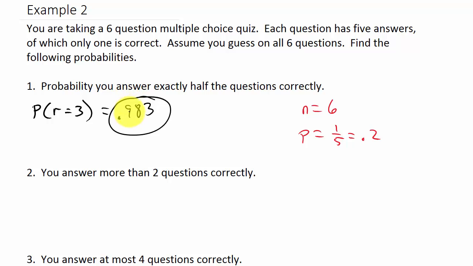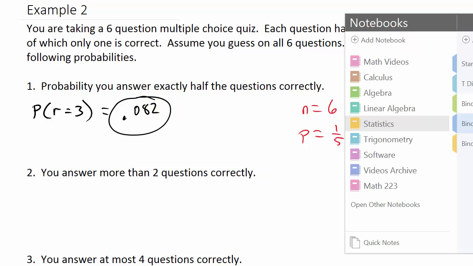Okay, so I read the table wrong. Well, I mean, I read the table right, but the numbers weren't that clear. It's actually 0.082. That's what that number should be.